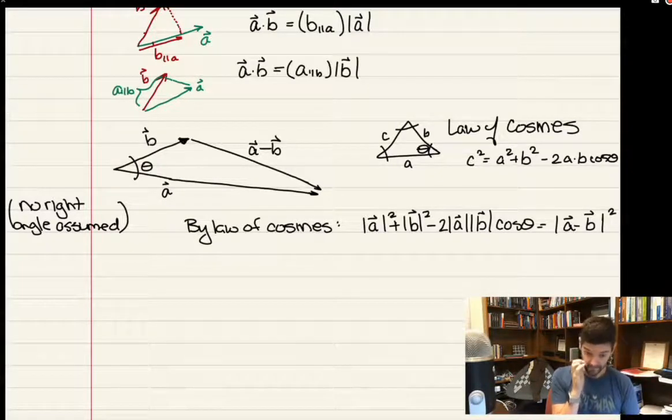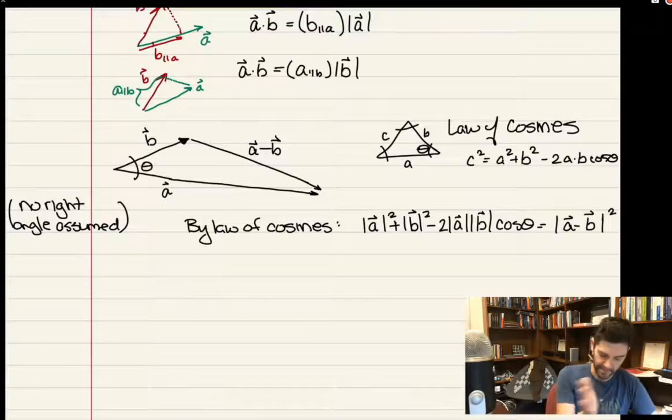Pause and convince yourself that's true. Magnitudes are just lengths, so I'm using the lengths of the triangle's sides, though they just happen to also be vectors.